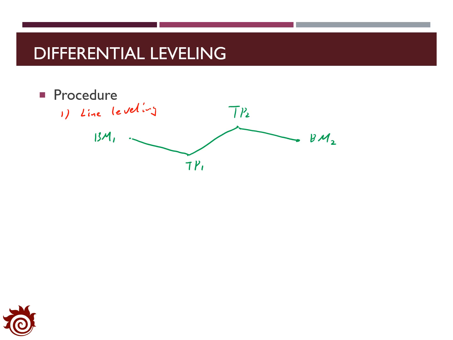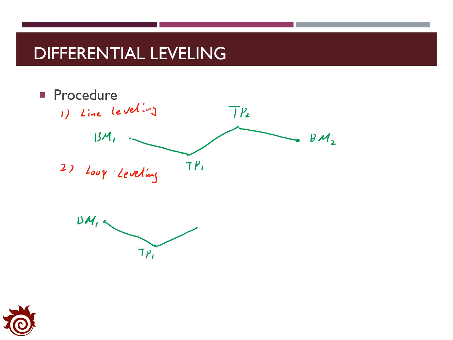The second one is called loop leveling. In this method, we will start from one benchmark with no elevation, and then we will go through multiple turning points.